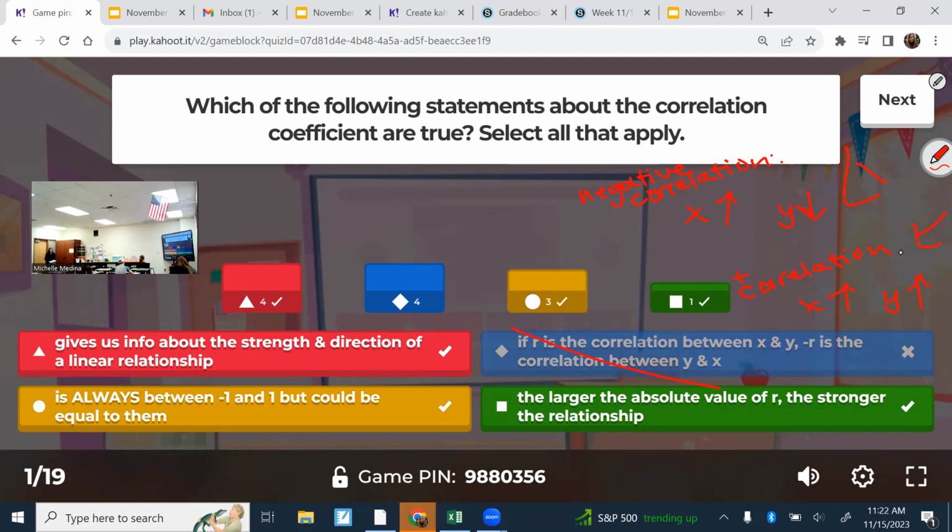And absolute value, not sure if you guys remember what that is, but what's the absolute value of -1? What's the absolute value of 1? So these are your absolute value bars. I know I've told you guys about it before.